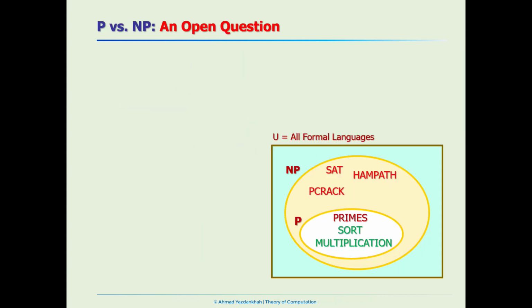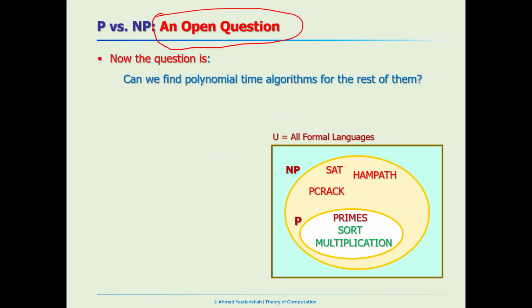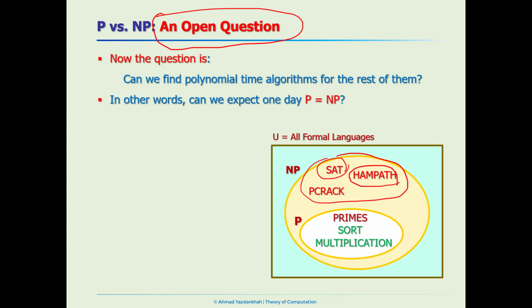So now the question, and this is an open and very important question, is: is it possible that we find polynomial time algorithms for the other problems as well? Or in other words, can we assume that one day in the near future all of these problems from NP go to P?